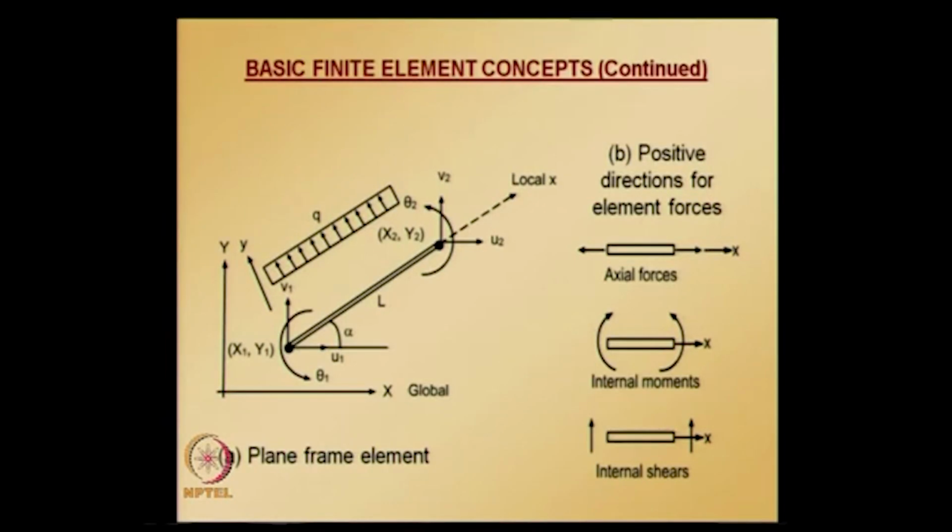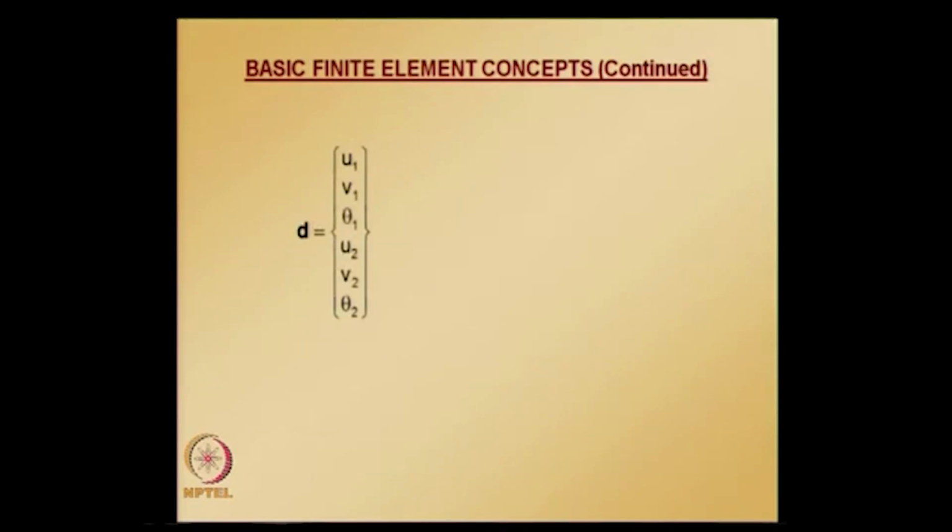So, the global degrees of freedom are u1, v1, theta 1, u2, v2, theta 2. u1 is the axial displacement at node 1, v1 is the transverse displacement at node 1, and theta 1 is the rotation at node 1, and similarly u2, v2, theta 2 are the corresponding degrees of freedom at node 2, and this is the global load vector.